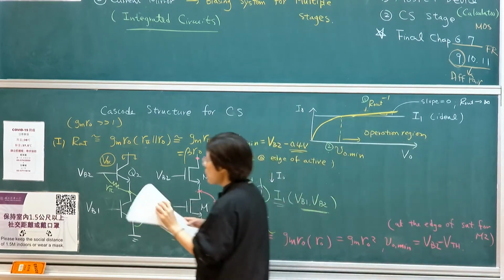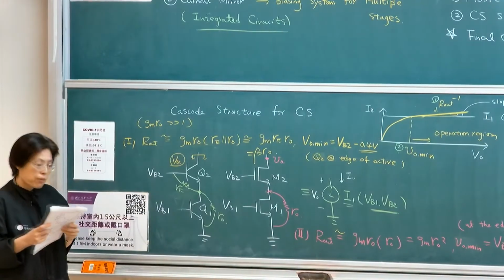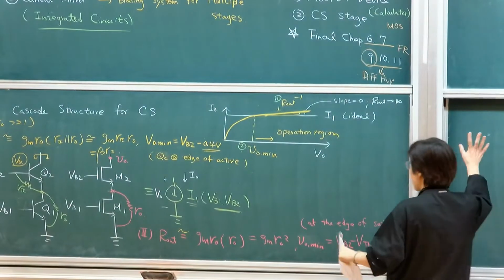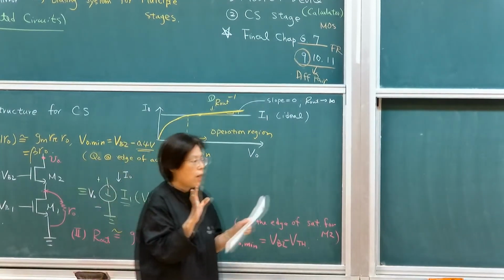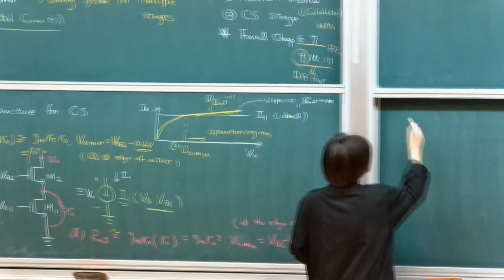So the next thing we're going to move on to is that we could also use the cascode structure as an amplifier. So let's look at how it works as an amplifier. In this type of structure, I'm just going to use an ideal current source just to make our life easier, and then we go back and put in the cascode current source.